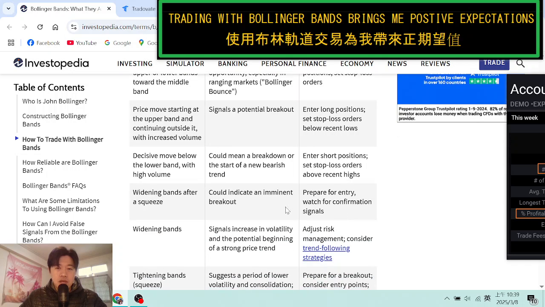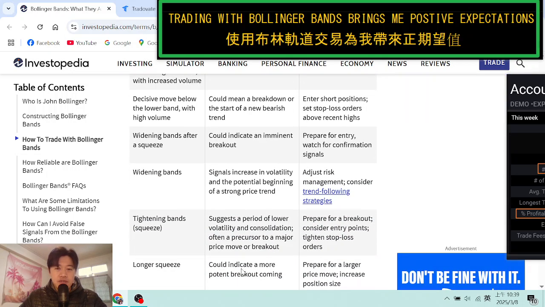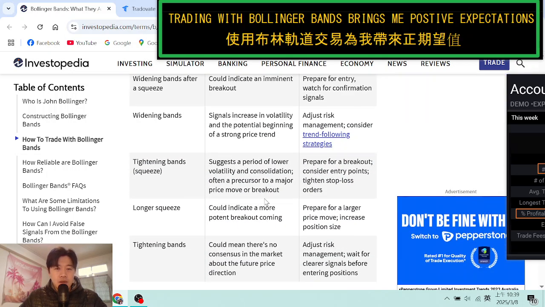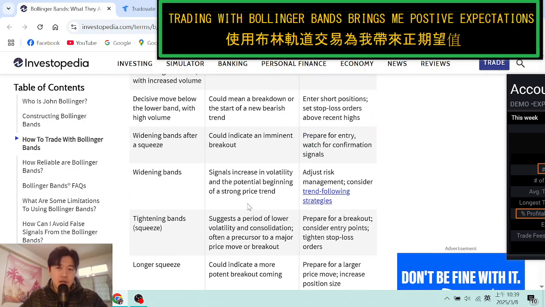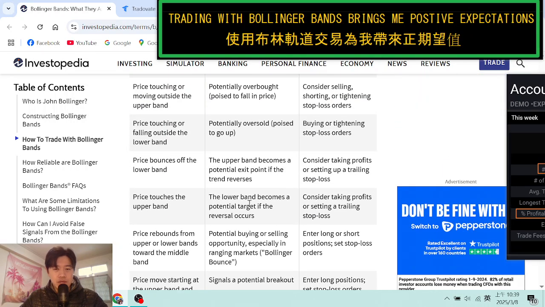You can look carefully at this information, and I encourage you guys to do a lot of backtesting in the market to retest how it works.